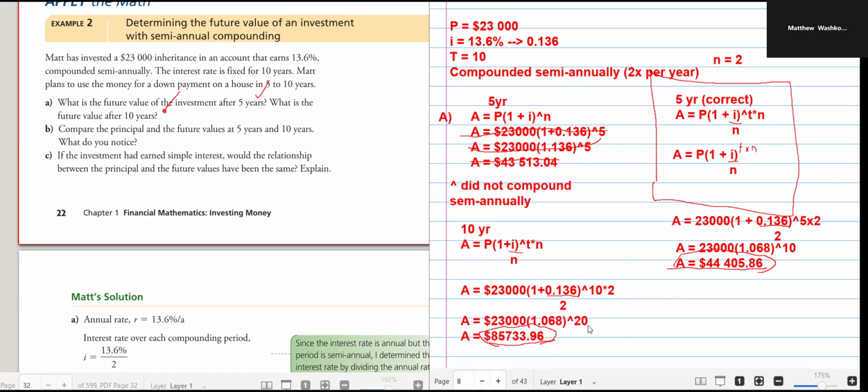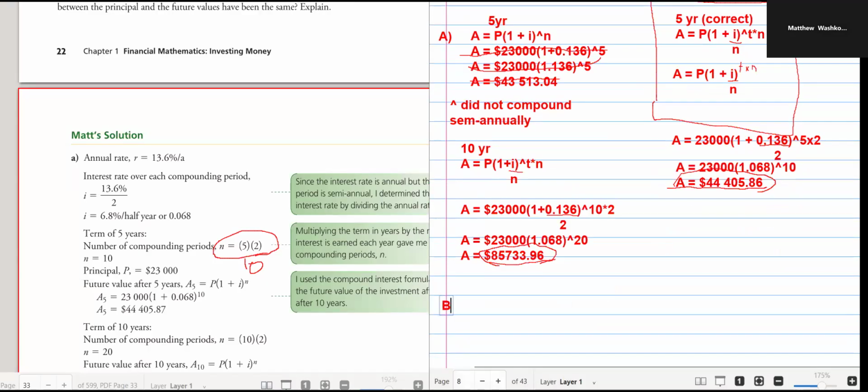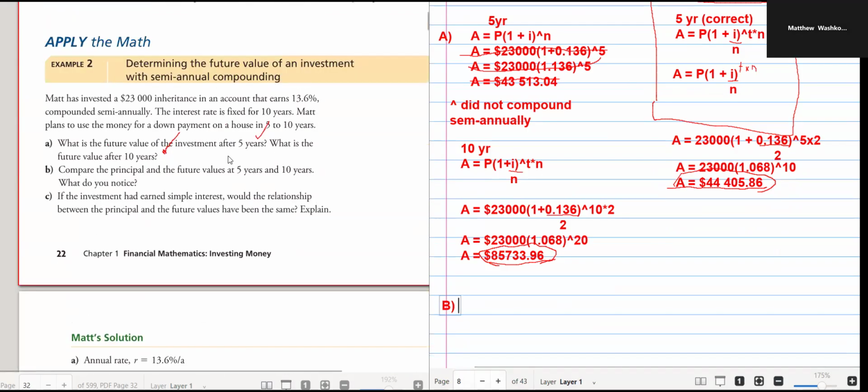So if we look at the principal and the future values here after 5 and 10 years, what do we notice? What's happening? Right? So for question B, kind of a thought-provoking one here. There's not necessarily a wrong answer. So comparing the values, I started with $23,000.